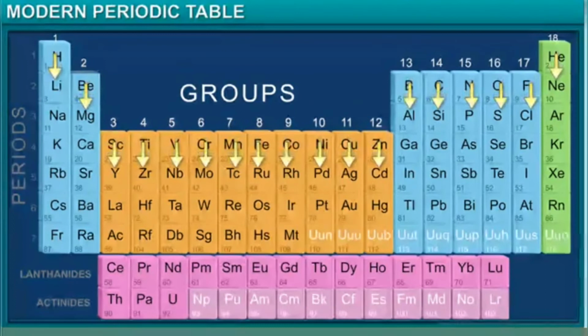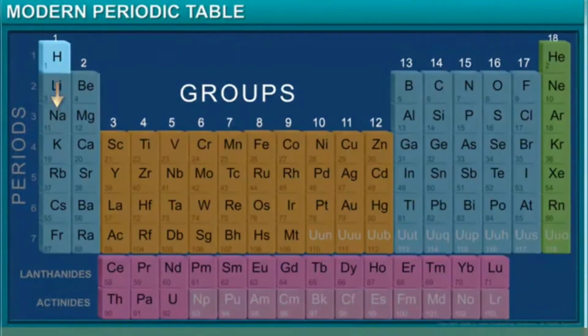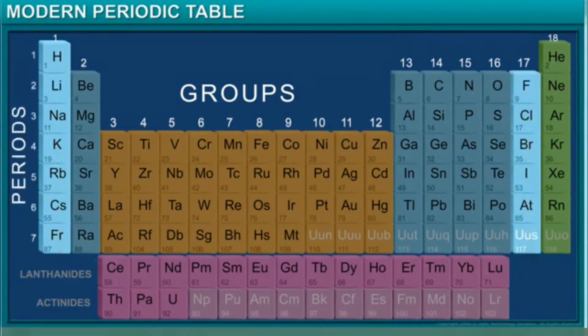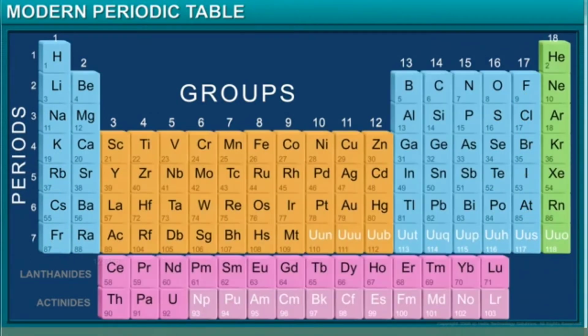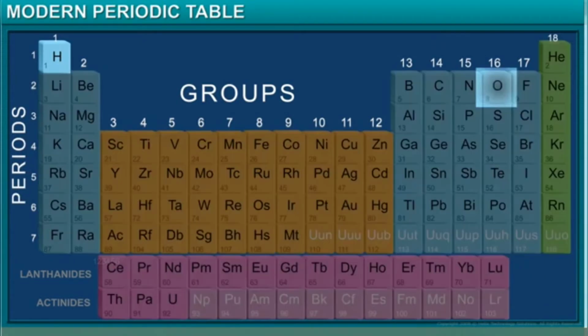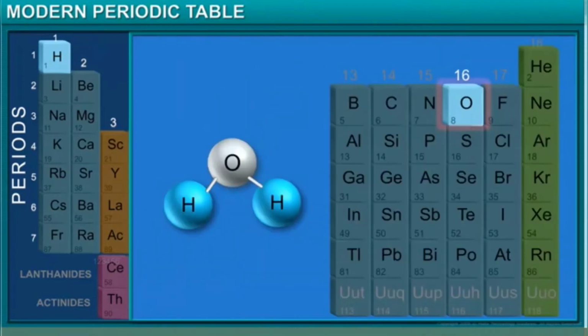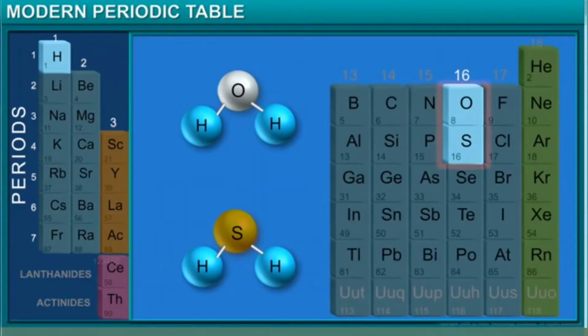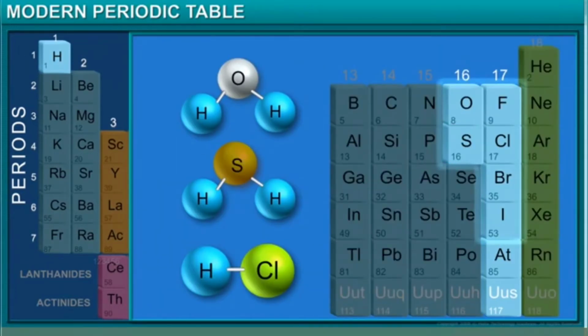There is an anomaly when it comes to the position of hydrogen in the periodic table, as it can be placed either in group 1 or group 17 of the first period. Like alkali metals, hydrogen combines with oxygen, sulfur, and halogens to form similar compounds.